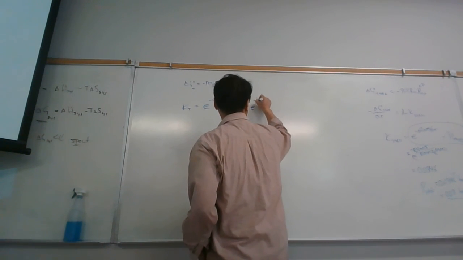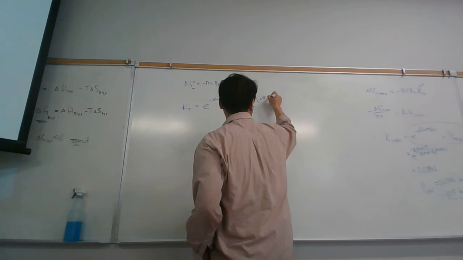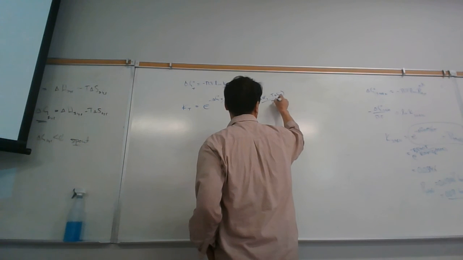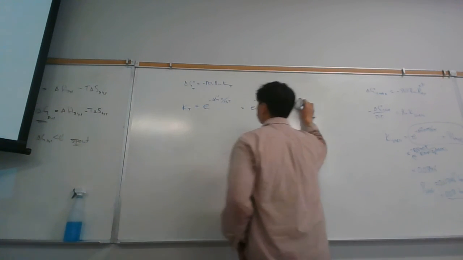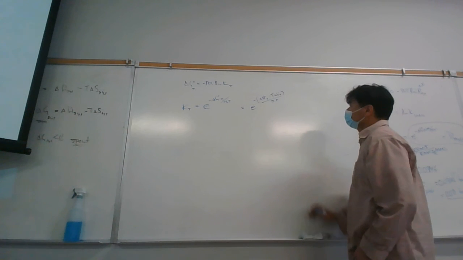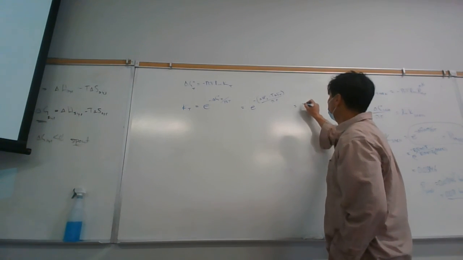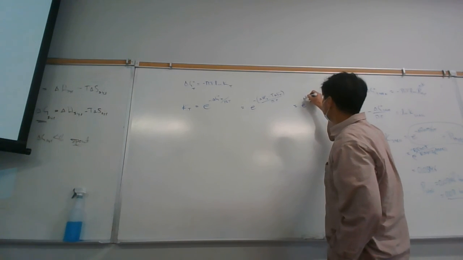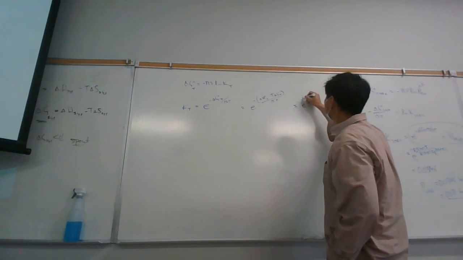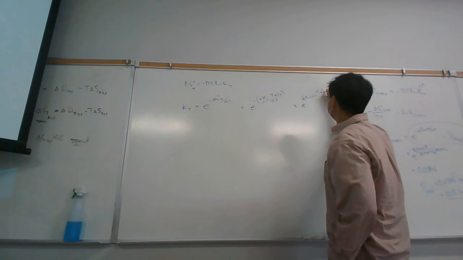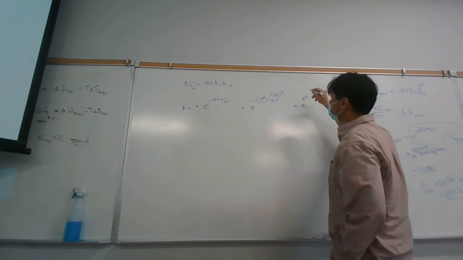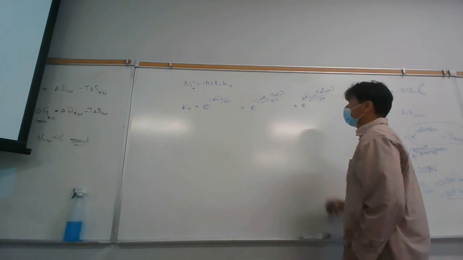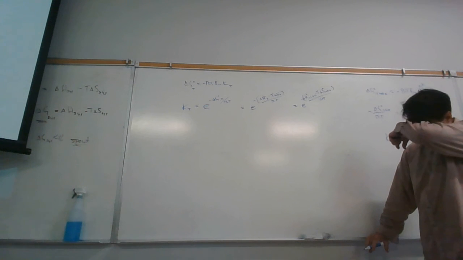And so this is going to be e to the minus delta H naught at temperature T minus T delta S naught at temperature T over RT, which is about equal to e to the minus delta H naught at 298 Kelvin minus T delta S naught at 298 Kelvin, so this will be under standard conditions here, over RT. Figure it out that way.